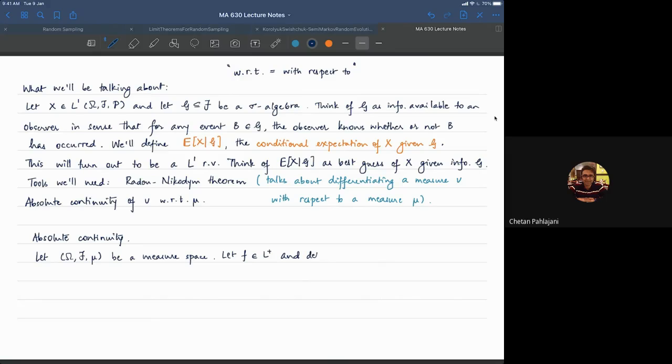and define the mapping nu taking the sigma algebra F to the closed interval 0, infinity, note that the interval is closed on the right at infinity, okay? By nu of B equals the integral over B of f d mu.